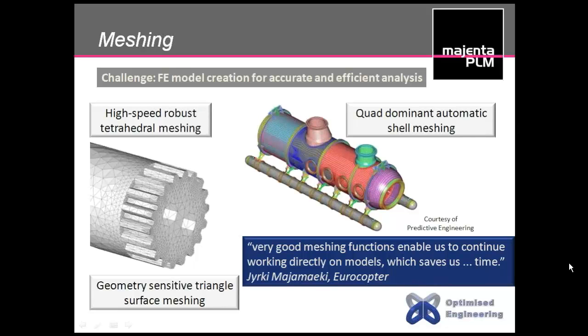But if you're dealing with complex assemblies or fabrications, then there is the ability to do different types of meshing. And the picture on the right here shows a shell mesh of a structure which is quad dominant. So in other words, it will focus on doing quad shaped elements.